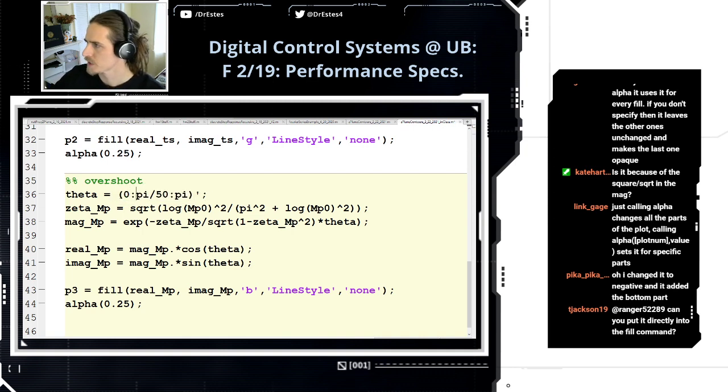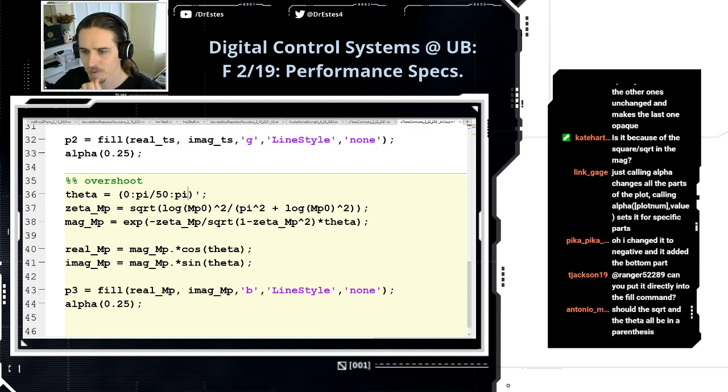I'm gonna try this. Wait, so this would just be half. Should the square root and the theta all be in a parentheses?